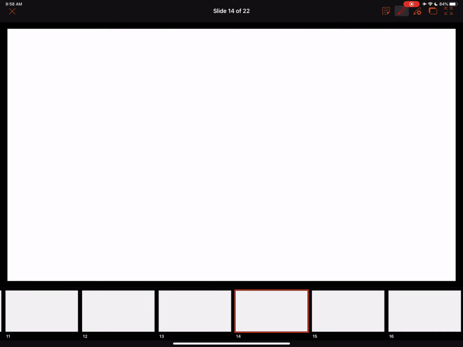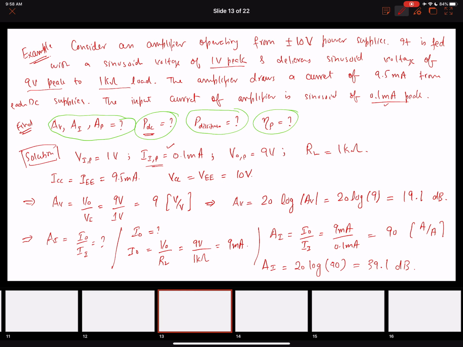Our third thing that we want to determine is the value of the power gain. If you remember, we derived the equations in the last lecture. The power gain is a product of the voltage gain and the current gain. If I go back here, I know that the voltage gain equals 9 and the current gain equals 90.